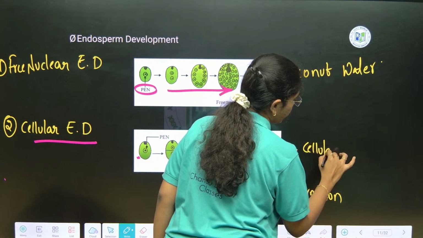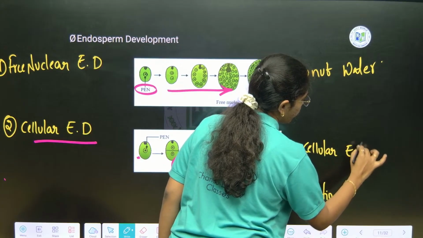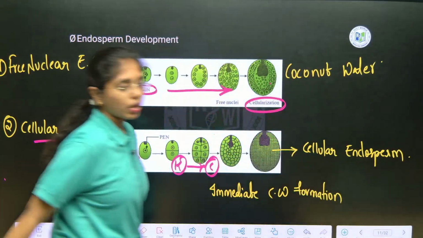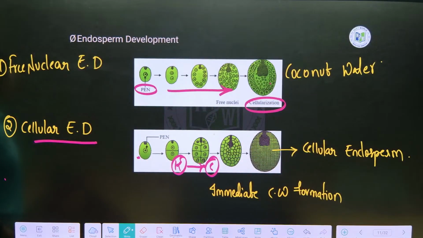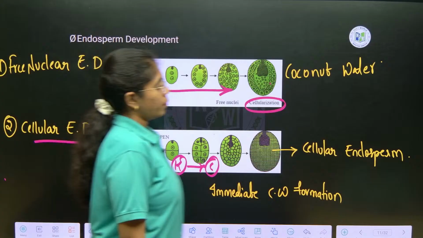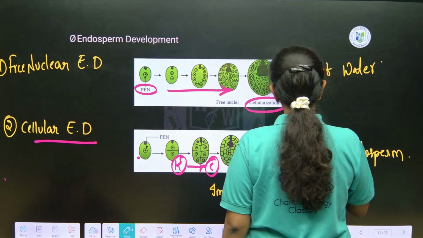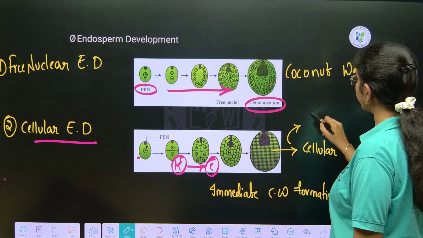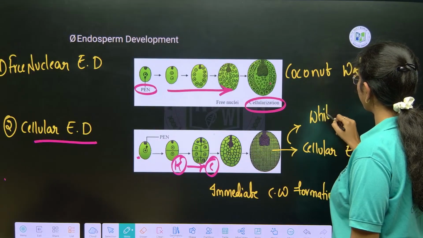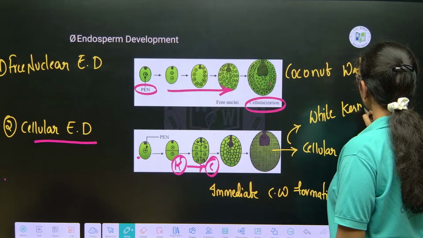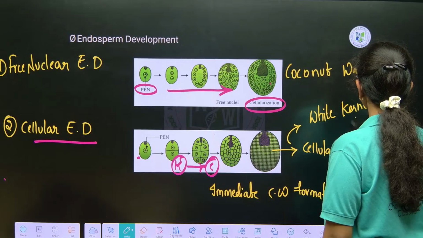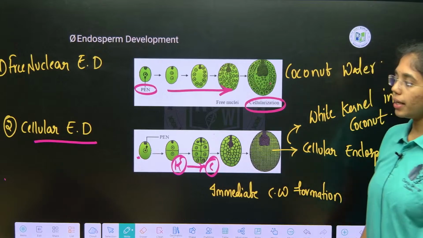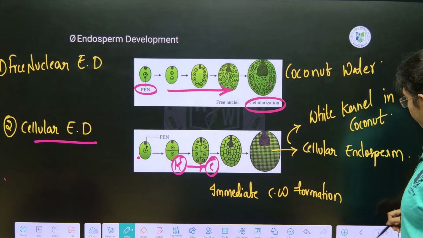Cellular endosperm. Example is the coconut white kernel that you see in coconut. Clear till here? Next you see.